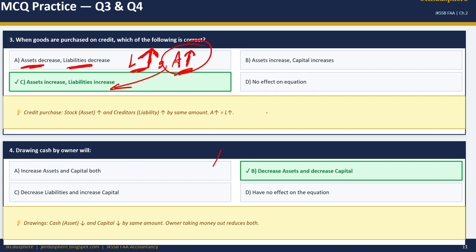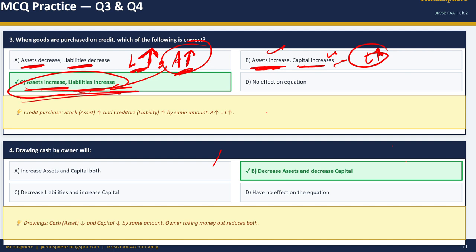This is the equation. Asset increase and liability increase. This is asset increase, capital increase. This is also not true. The asset will increase, all right. Capital will increase, but liability also increase. But here it is not given. So asset will increase, liability will increase.